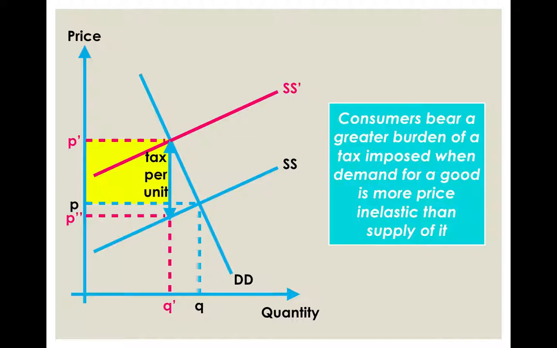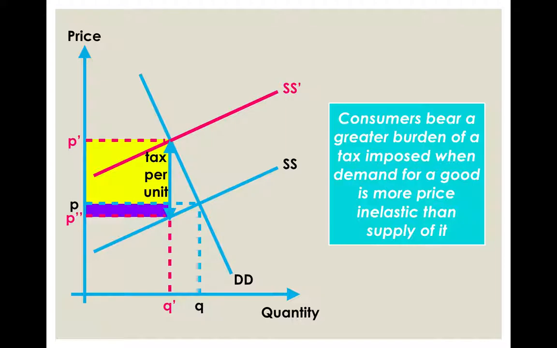Once again, consumers bear the burden of the tax in terms of the price increase that they see. The total tax burden that consumers bear will be the difference between P prime and P multiplied by the new quantity traded, which is Q prime. Similarly, for producers, the burden of the tax that they bear will be the difference between P and P double prime multiplied by the new quantity traded, which is Q prime, and that's given by the purple area.